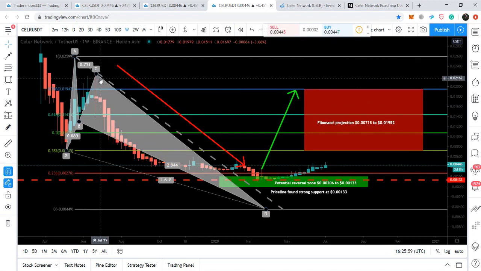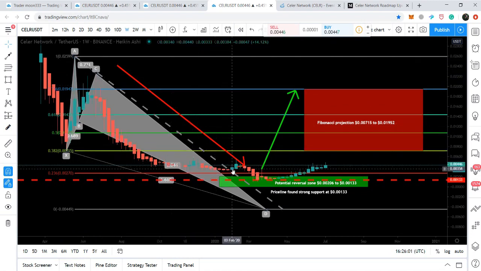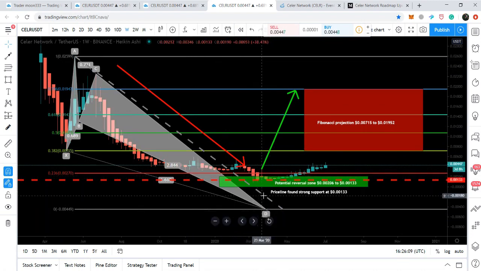Then the price action retraced all the way down to this level between 1.27 up to 1.618 Fibonacci retracement level. This 1.618 Fibonacci retracement level is in negative territory, and it is not possible for the price to move down to that level. I've just placed this pattern up to the 1.618 Fibonacci level only to show you the perfection of this pattern.